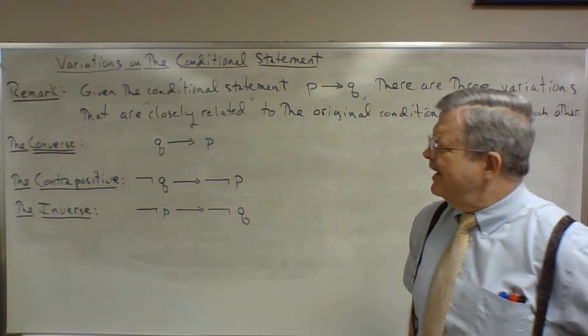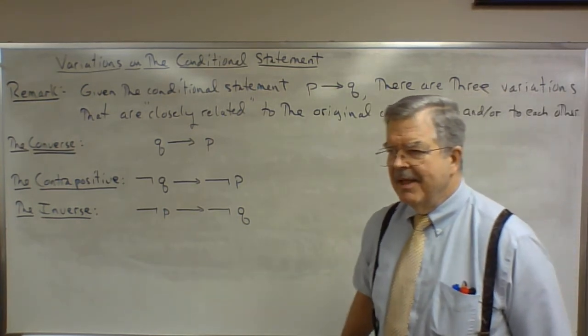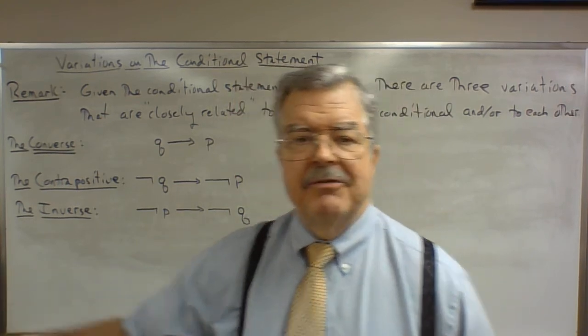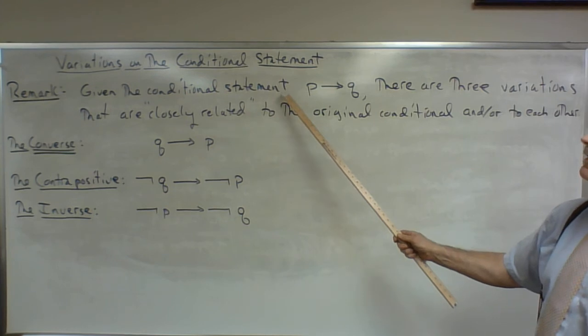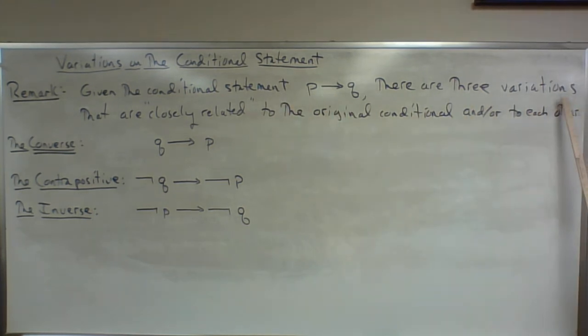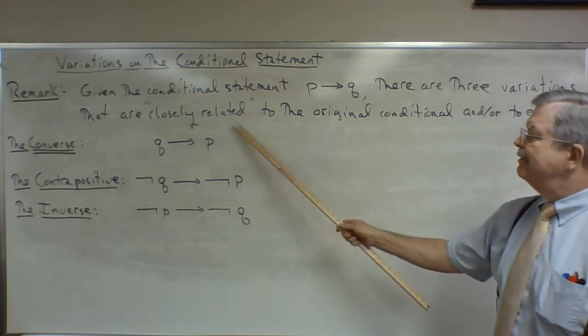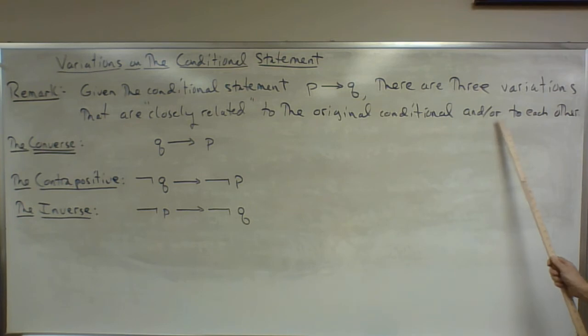You know what? I guess there are a few more things that I need to say. One of them has to do with variations of the conditional statement. Given the conditional statement P implies Q, there are three variations that are closely related to this original conditional and to each other.